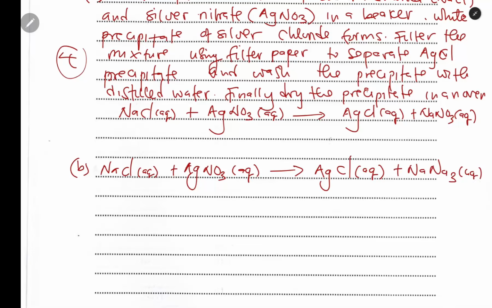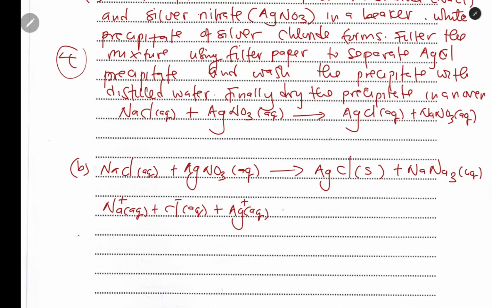So we split the ones that are aqueous. Okay, so here this is not aqueous, please. This is a solid. So we split those that are aqueous. So this side, the ones that are aqueous is sodium chloride. It's going to be Na+ aqueous, plus chloride ion aqueous, plus Ag+ aqueous.